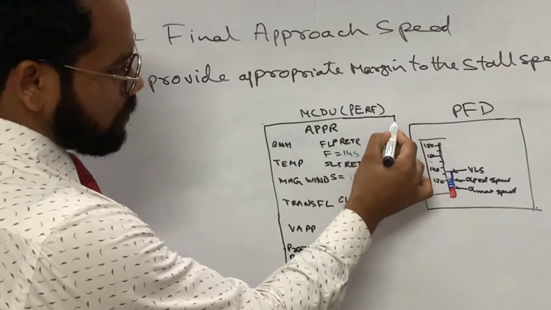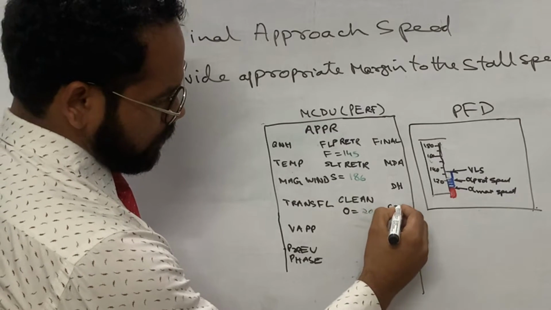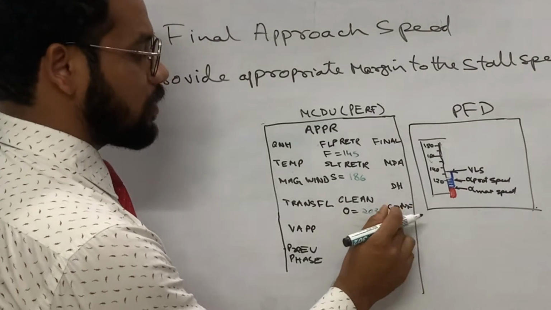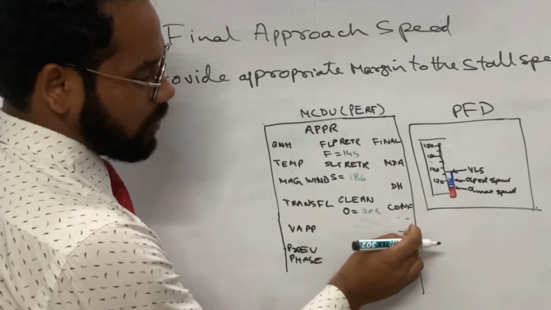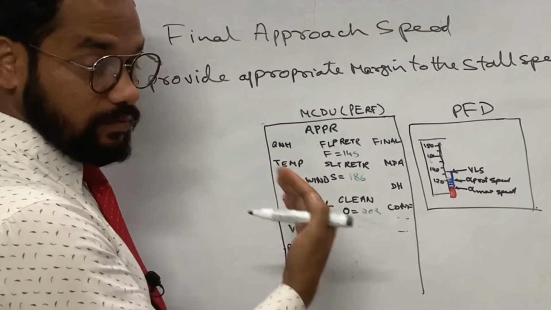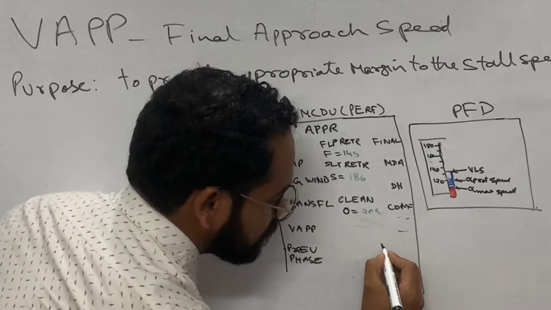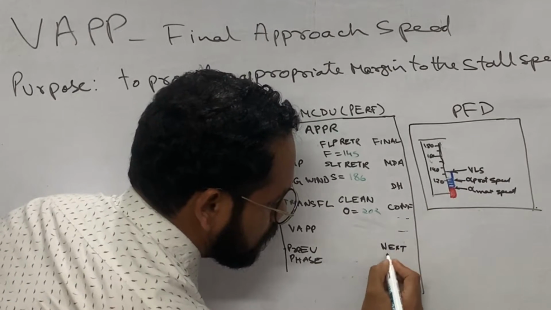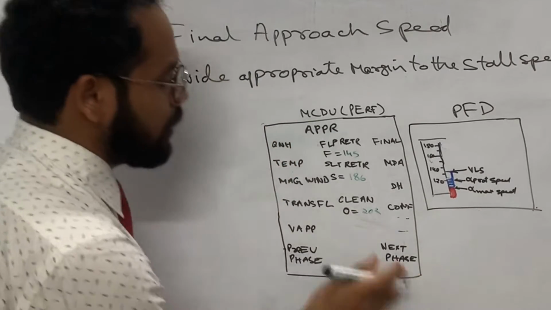So this is the MCDU, and here we have the config, like config 3 or full, written in blue color, whatever you are preferring. Next it will be written as next phase. So this is the approach page of your MCDU.